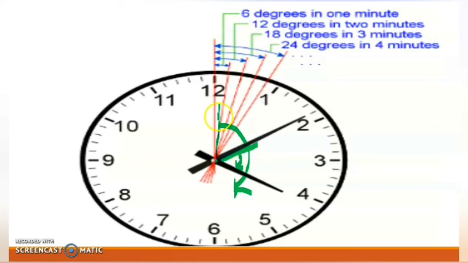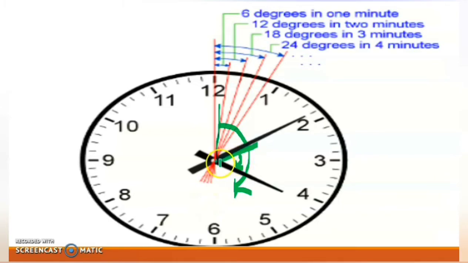So here, as this moves, these hands do not make an angle of 90 degrees. Now this will keep on moving in this direction, and then what will happen?